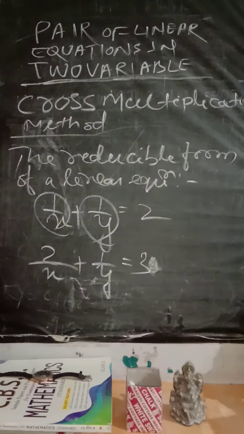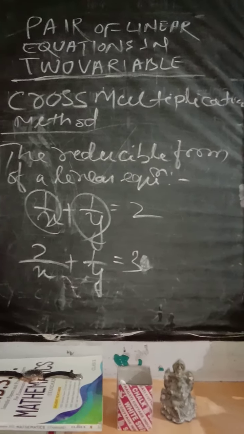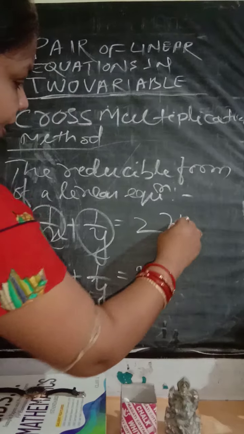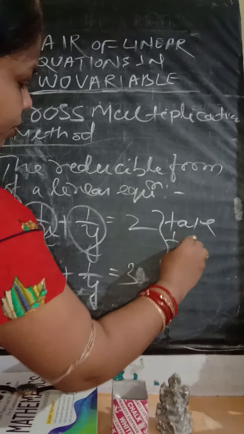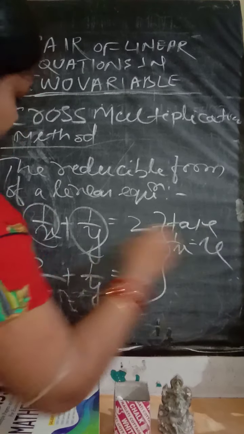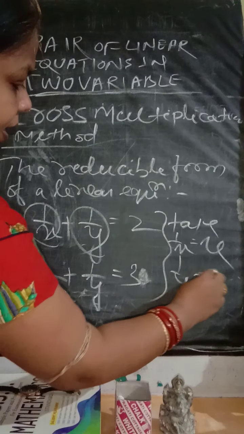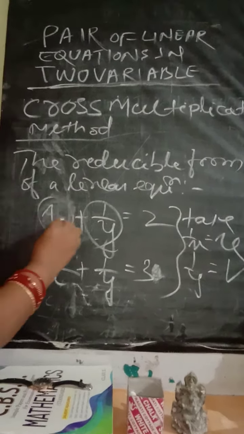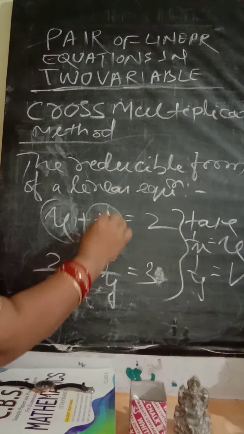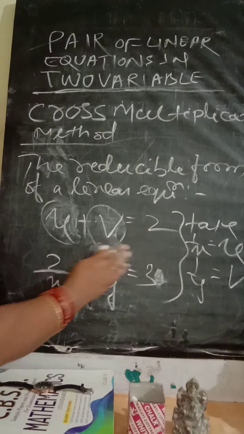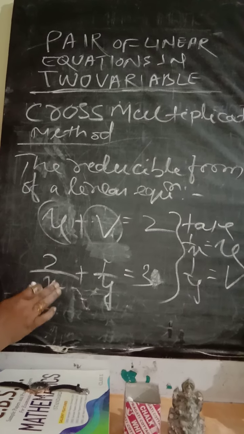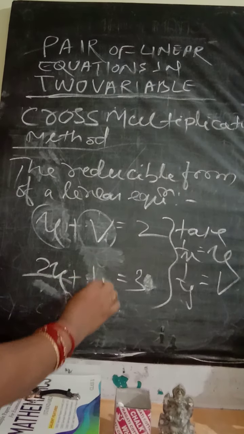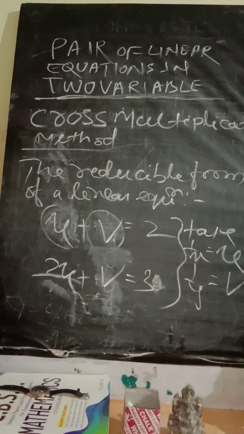So how do we change this to the linear equation form? Take 1 by x as u and 1 by y as v. Then place 1 by x as u and place 1 by y as v. So u plus v is equal to 2, and 2 by x, 2u, plus 1 by y, v, is equal to 3.